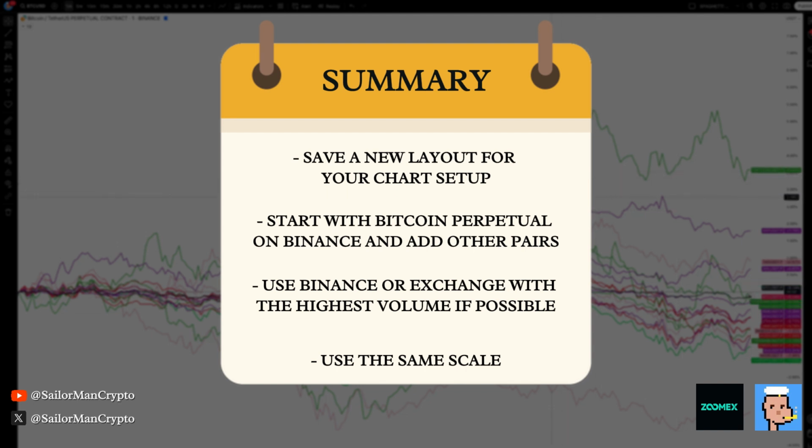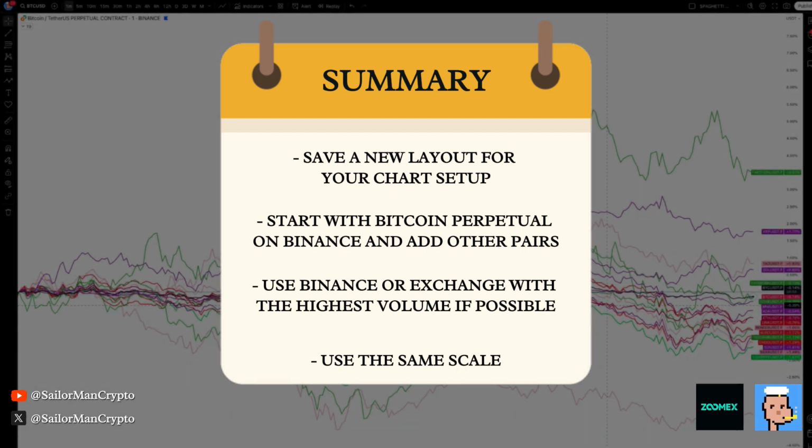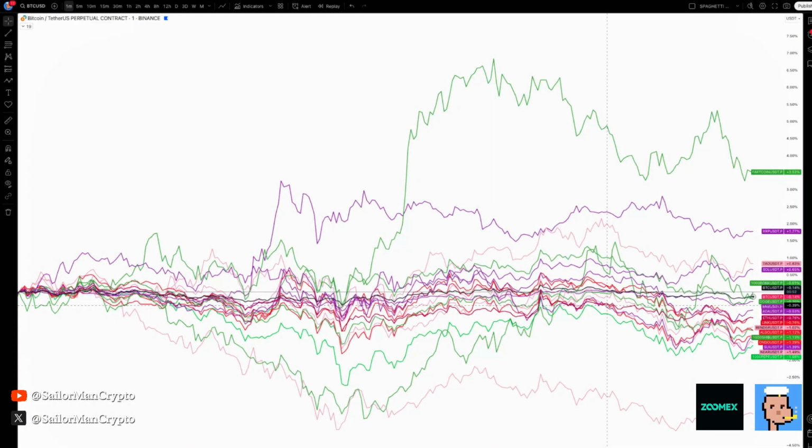Or if Bitcoin reaches resistance and you want to try to short, you will open the spaghetti chart and look for coins that have worse performance. You can also do it the other way around, if you want to fade and play some reversal or take the trade in the opposite direction.